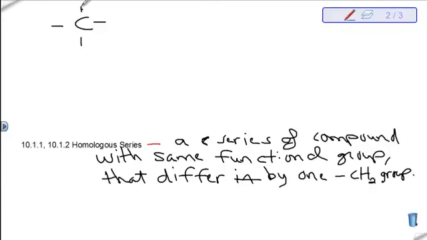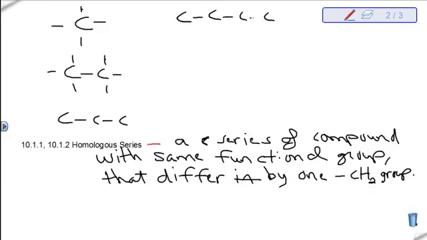There's methane. The next in series is ethane. Notice they only differ in one carbon. The next in series would be propane. I'll leave the H's off for simplicity. The next in series would be butane. The next would be pentane. Do I need to continue? It's very simple. Now, it doesn't have to be just alkanes.